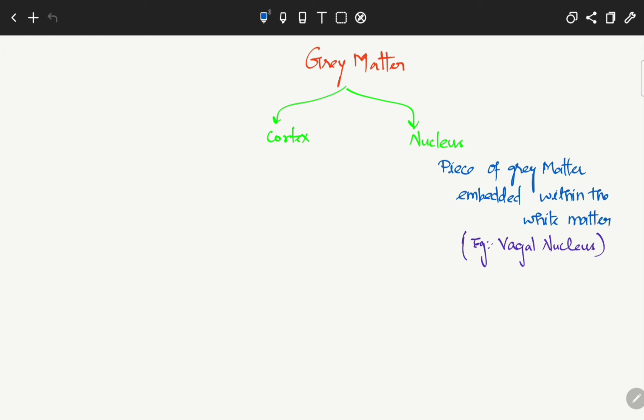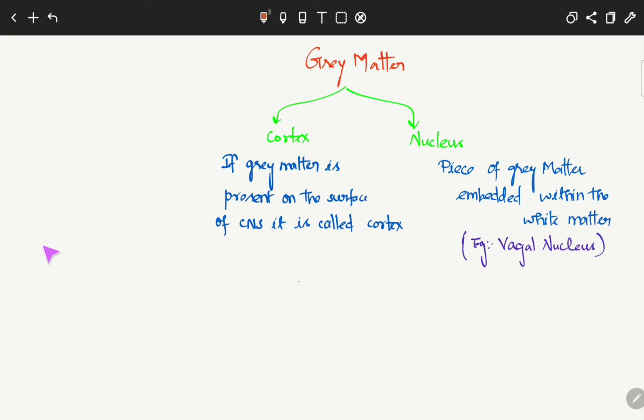Then, what do you mean by cortex? See, if grey matter is present on the surface of the CNS, then it is called cortex, whether it may be cerebrum, cerebellum, anything. See, this is a lateral view. This is the cerebrum, then midbrain, pons, then medulla, then spinal cord, and on the posterior side you could find the cerebellum.